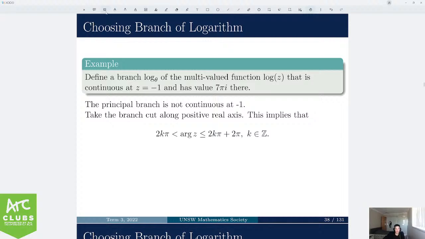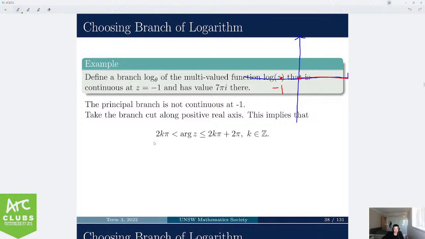So let's consider where we take the branch cut along the positive real axis. So if you have a look, this means that it's not going to be differentiable along this part here, which makes it continuous at -1.